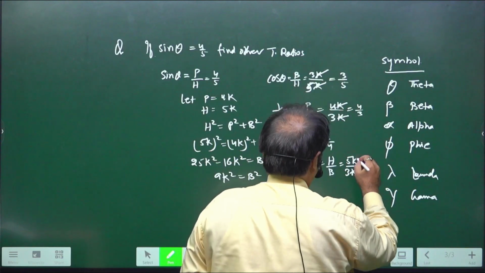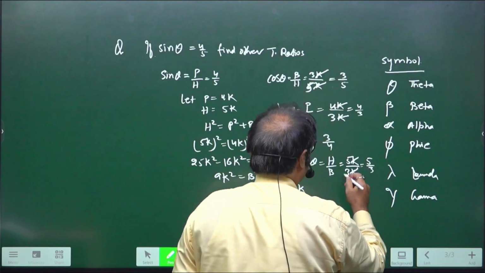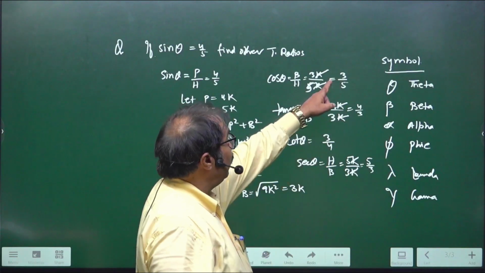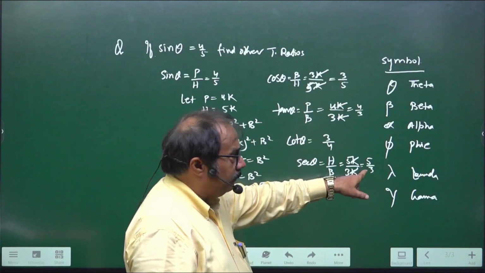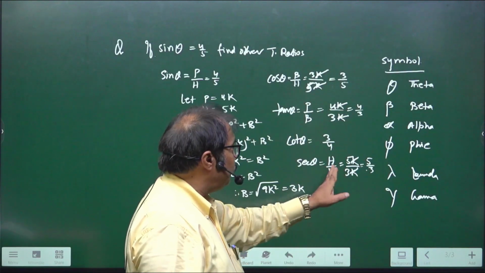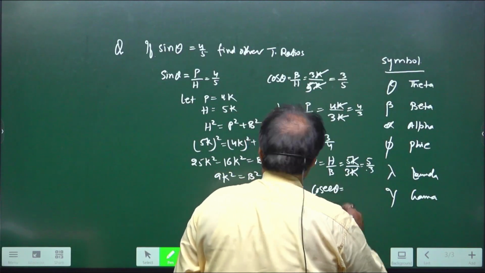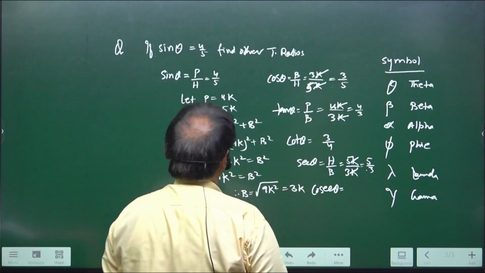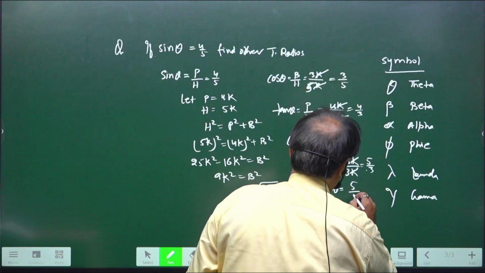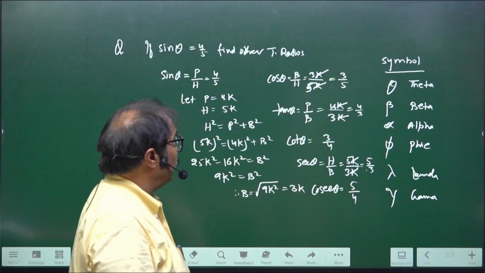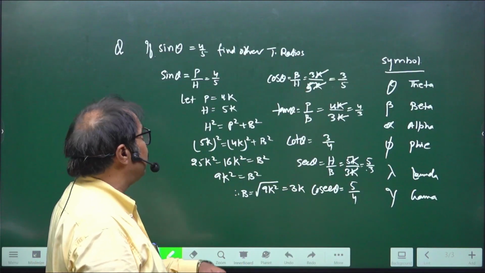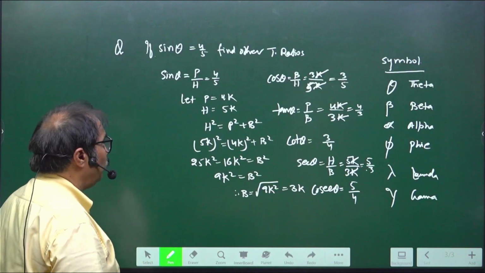So K cancels, and what is coming? 5 by 3. And 3 by 5 is the reciprocal of 5 by 3. And cosecant theta is the reciprocal of sin theta, so this will be 5 by 4. In this way we will find the values.